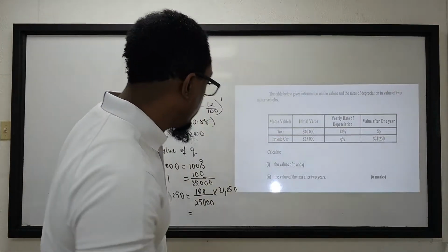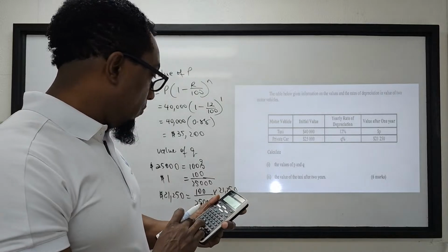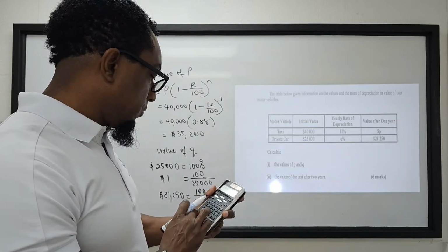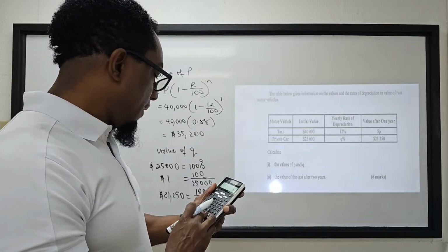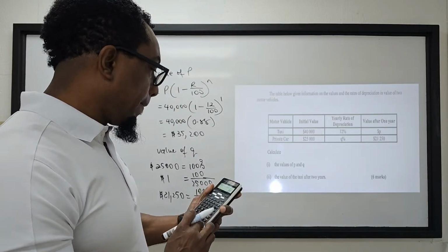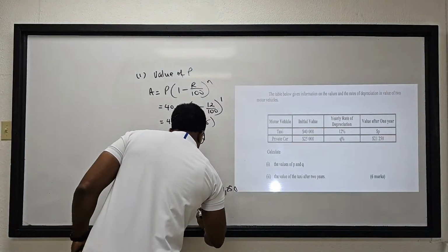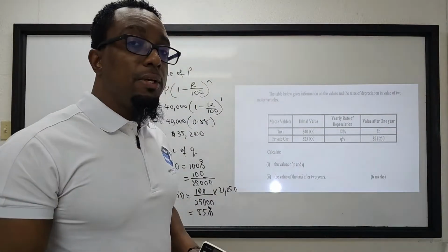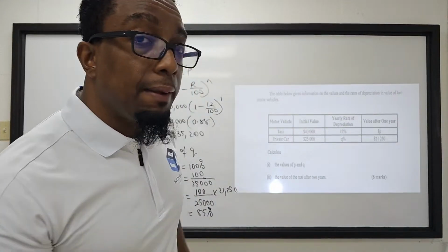Let's work that out again. This is 100 multiplied by 21,250 divided by 25,000. That will give us 85%. So it decreases by 85%.